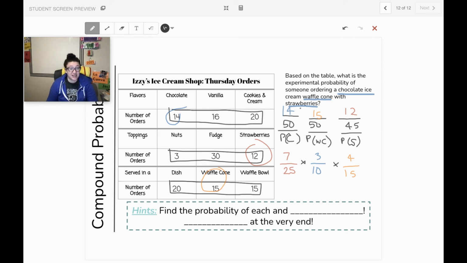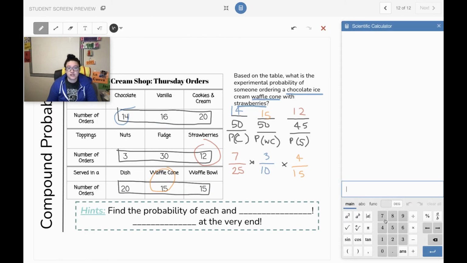That I would have to multiply all those together. Again, it's going to be a little bit ugly with these numbers. I apologize. If I do 7 times 3 times 4, I get 84 over 25 times 10 times 15, 3,750.